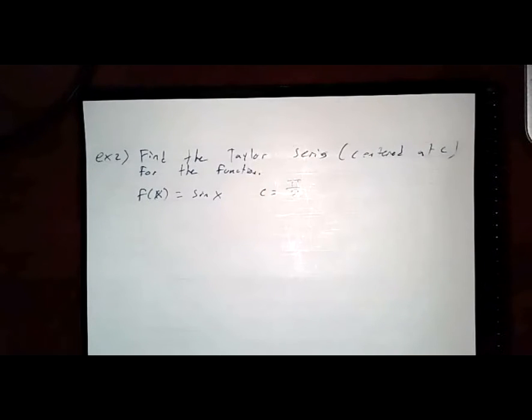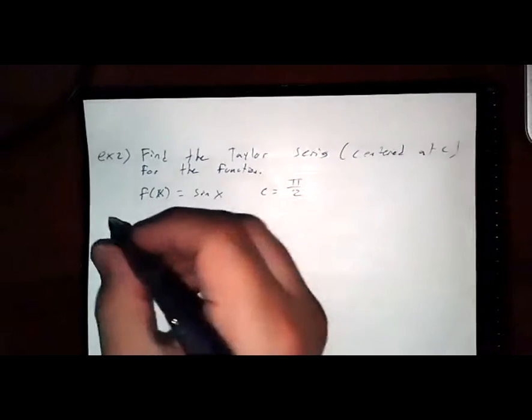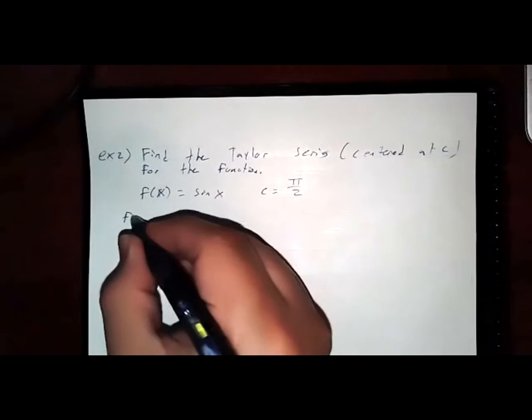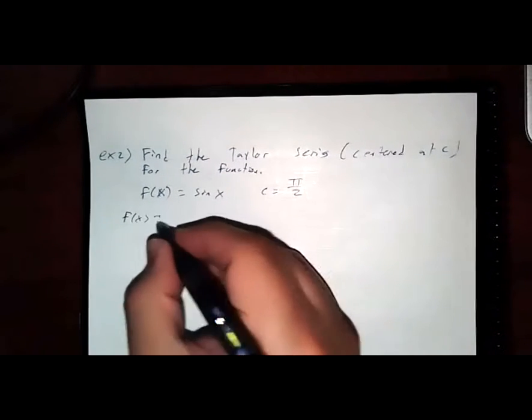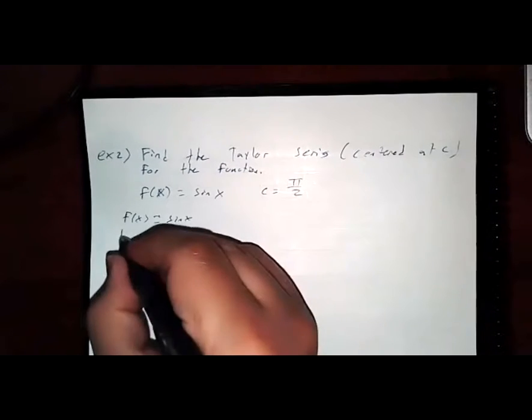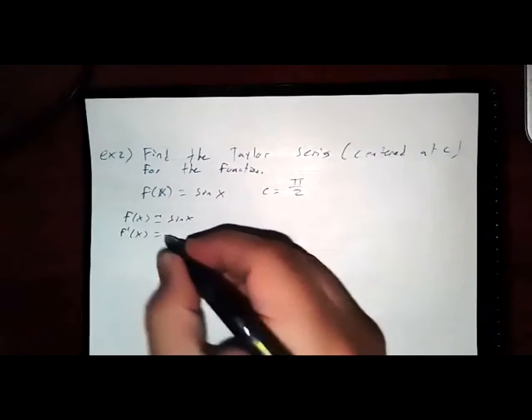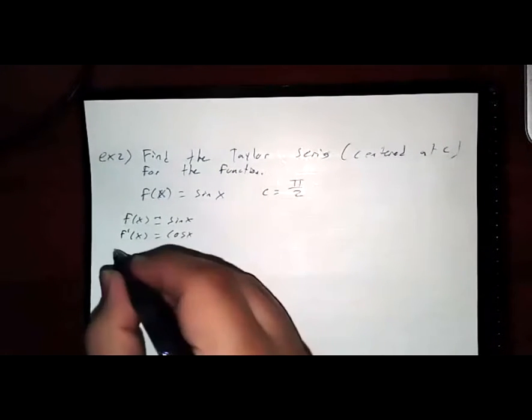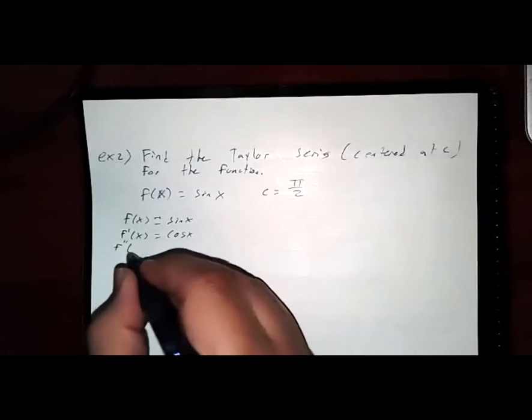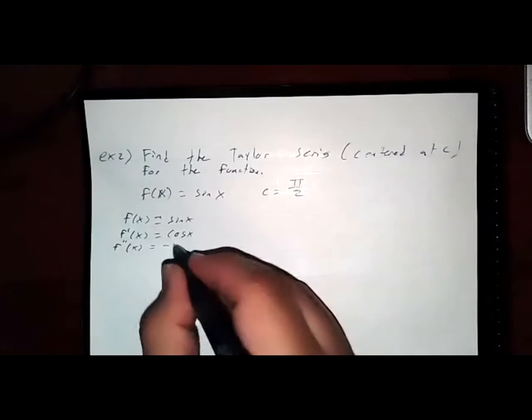All right, so let's take a bunch of derivatives, maybe 4 or 5 of them, plug in c, and see what the pattern is. Now, this one I'll show a little more steps. The zero derivative is just this function. First derivative will be cosine. Second derivative would be negative sine.